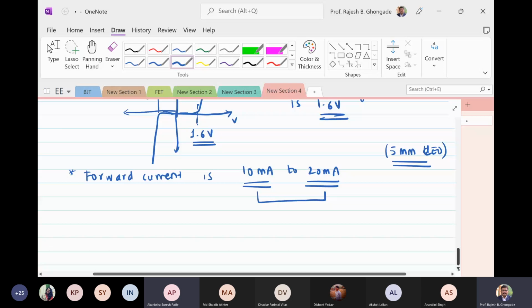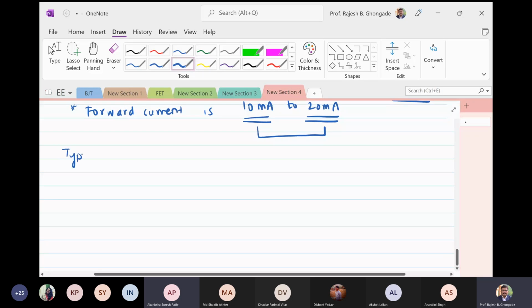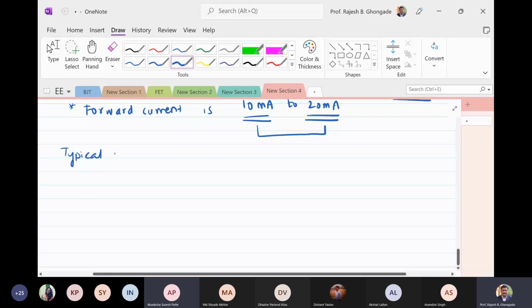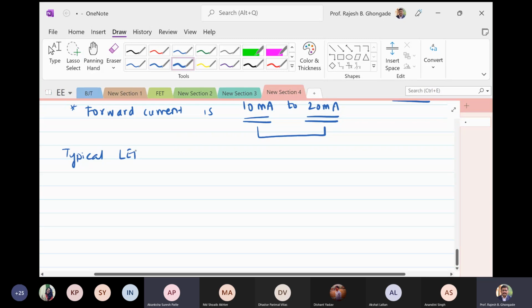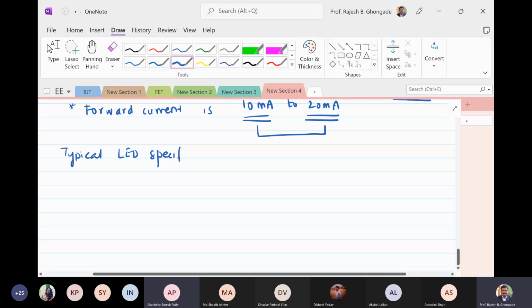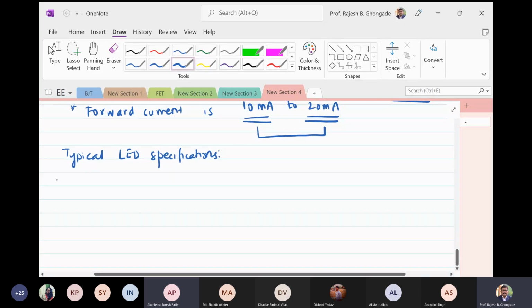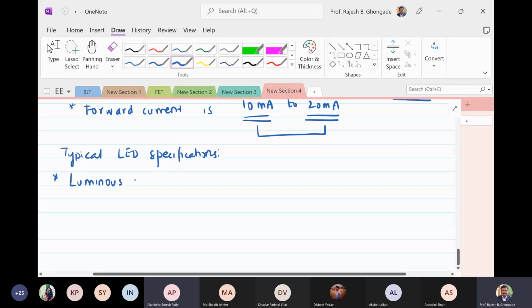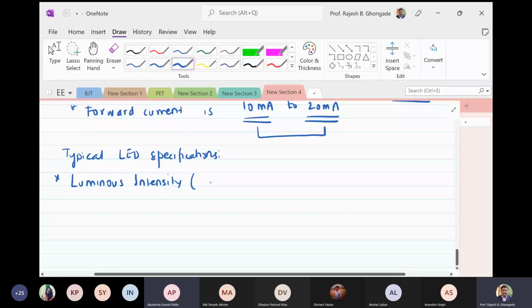So let us list down the typical LED specifications. You have the luminous intensity, generally found at a certain current flowing through it.